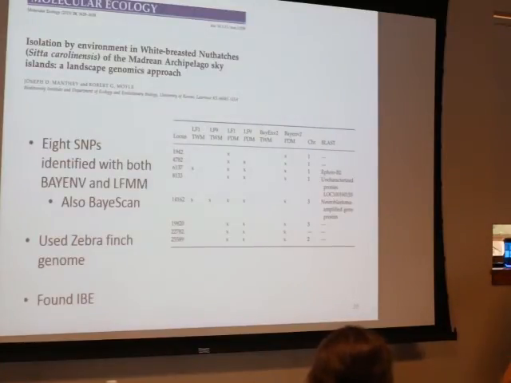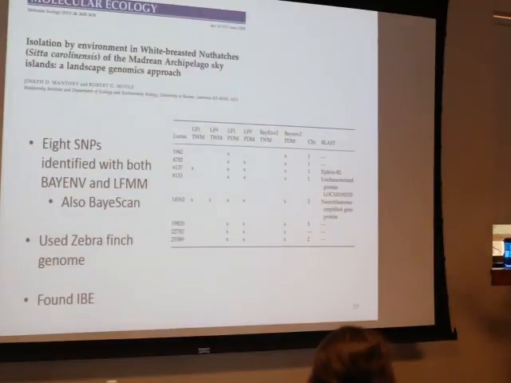The next step that they did, and this is again a big change from population genetics, now we're in population genomics. This is in nuthatches. I'm not a bird expert. I don't know how close nuthatches are to zebra finches, but they used the zebra finch genome, and they were able to identify what chromosomes these particular loci were on, and then were able to class them.